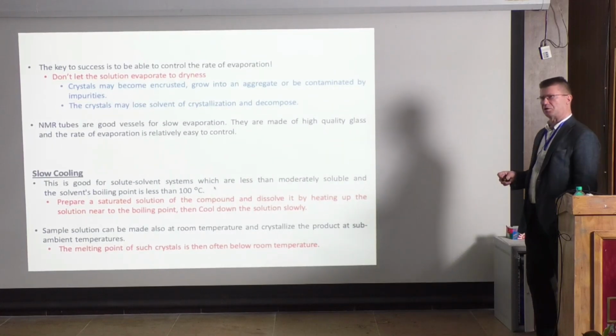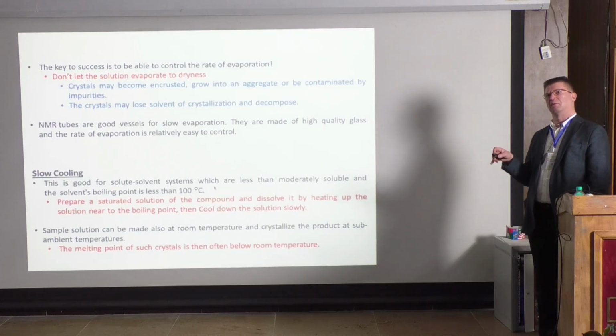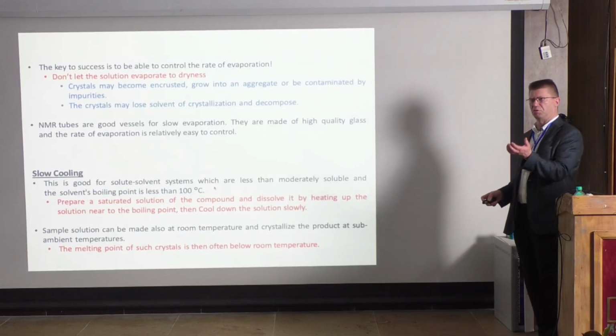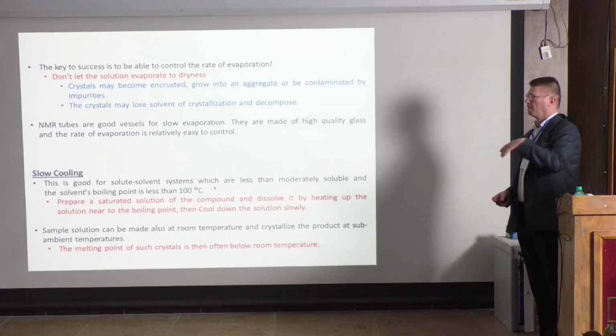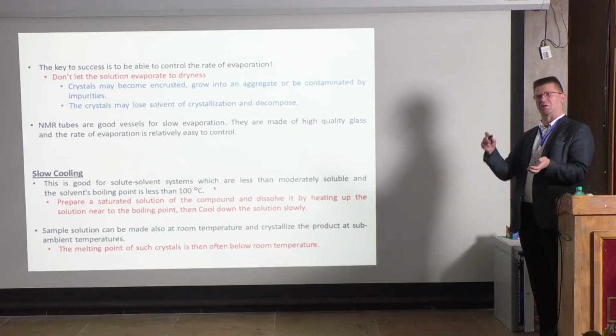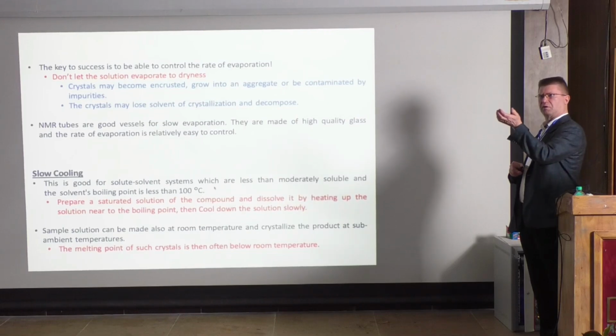Then the next easy way, which is safer in a certain sense, is slow cooling. With evaporation you have to control it, you have to somehow survey that it doesn't go to dryness. But slow cooling is a reverse technique in a sense: now you don't evaporate the solvent, you lower the temperature of the solvent.